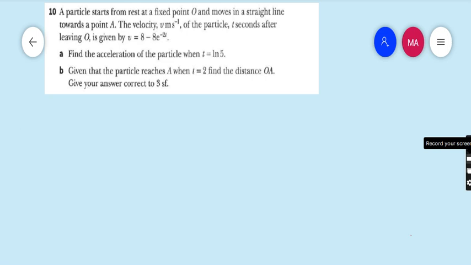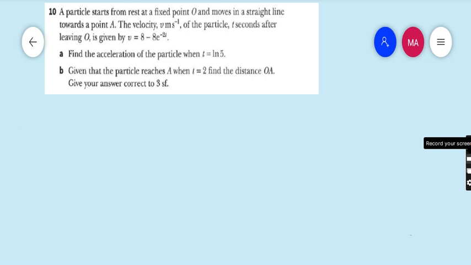Question number 11. A particle travels in a straight line so that t seconds after passing through a fixed point O, its speed v meters per second is given by v is equals to 2 cos(t/2) minus 1.